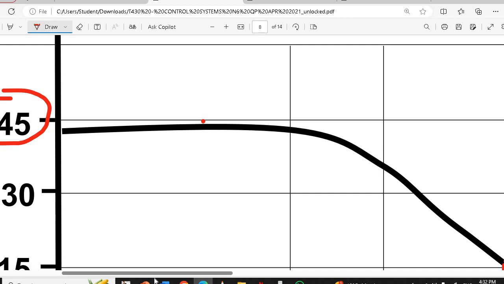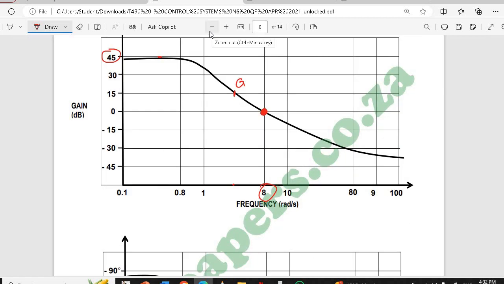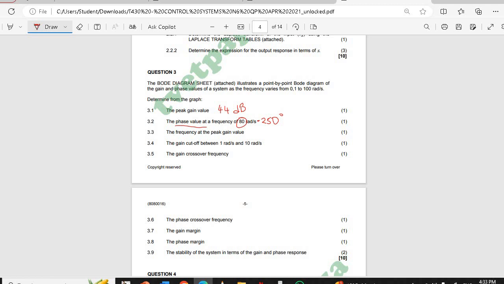Let me unzoom it. Yeah, this thing has betrayed me because it's busy. It's between 0.1 and 0.8, so maybe it's 0.6. I'll say 0.6.